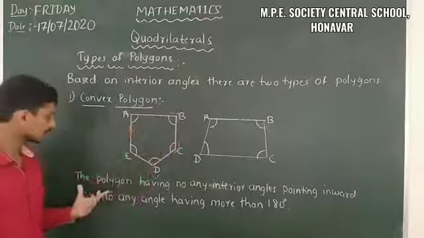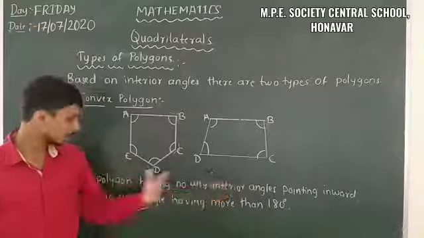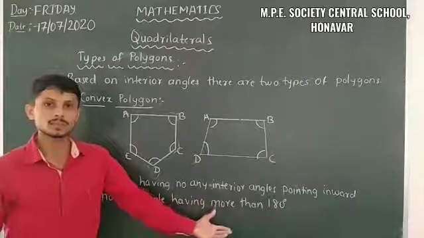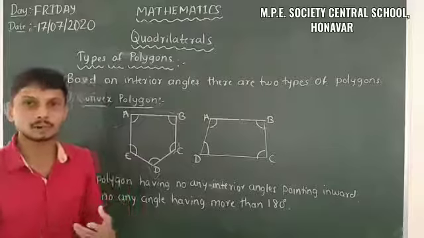So convex polygon is nothing but a polygon having no interior angle pointing inward and no angle more than 180 degrees.